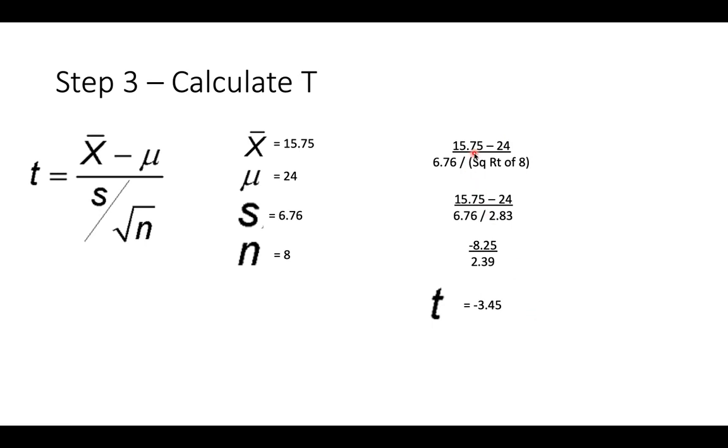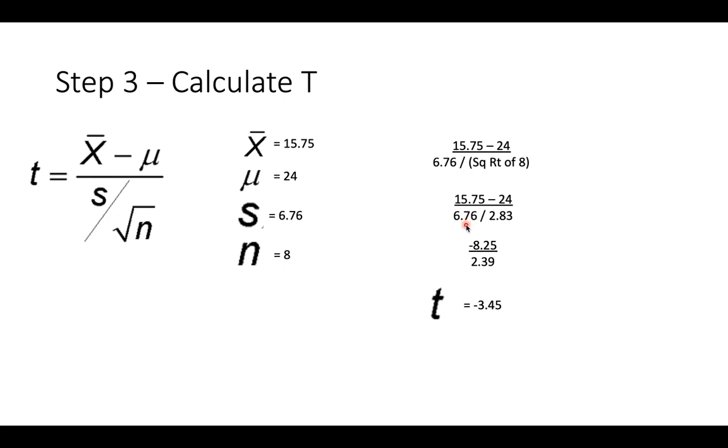So 15.75 minus 24 divided by 6.76 divided by the square root of 8. So we take the square root of 8, that's 2.83. Remember, we're always rounding to 2 decimal points no matter what we do. Every calculation, every step rounds to 2 decimal points. Get 2.83.